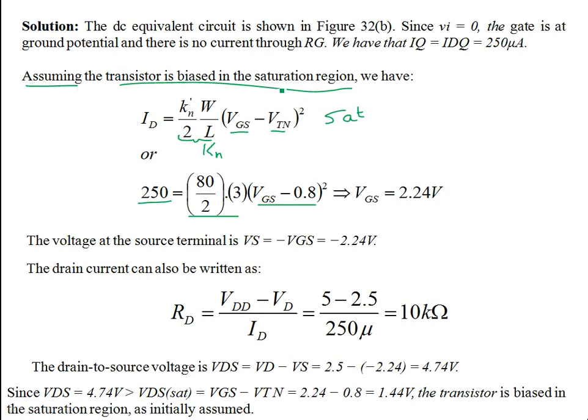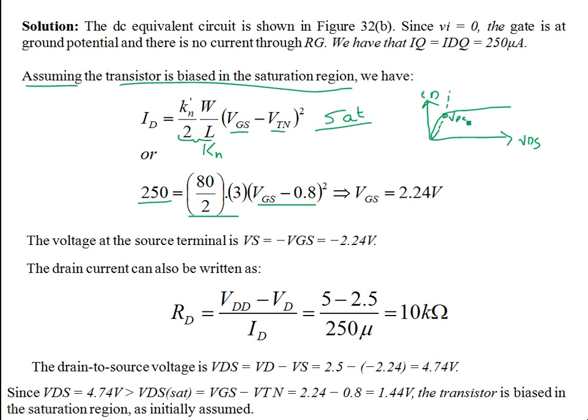We started with an assumption. We are not sure if it is in sat or non-sat region, and for sat region we are considering this quadratic relationship of VGS and ID, because in the saturation region there is no dependence of VDS on ID. So on the vertical axis you take your ID, and on the horizontal axis you have VDS. After the VDSQ point is passed beyond this, let's say, sat region, this is VDS sat.